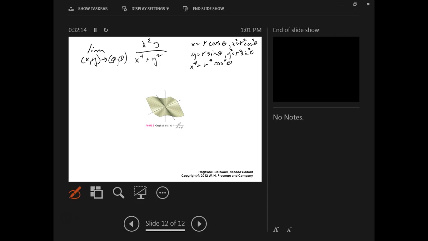So let's see what we got. The numerator here would be r squared cosine squared theta times r sine theta, divided by r to the fourth cosine fourth theta plus r squared sine squared theta.